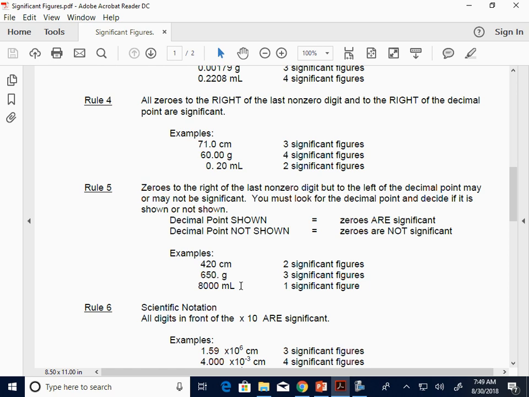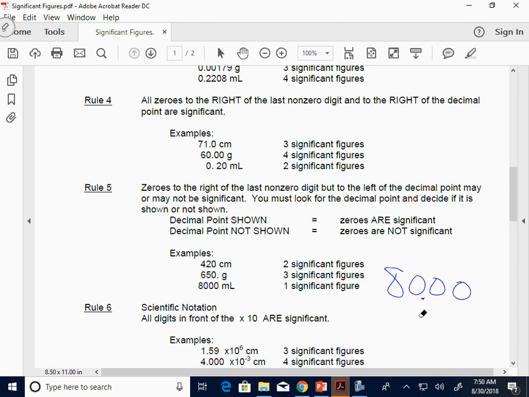Now, one thing I have to tell you about too is the bar on the top. Let's say I have 8,000 and I need to have 2 significant figures. Well, obviously, if I put a decimal right here, is that still 8,000? No. Is it 2 sig figs? No, that would be 4 sig figs.